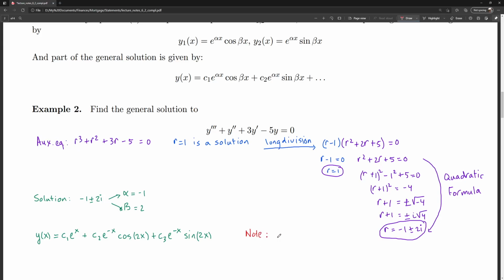So note the number of coefficients needed is equal to the order of the differential equation.